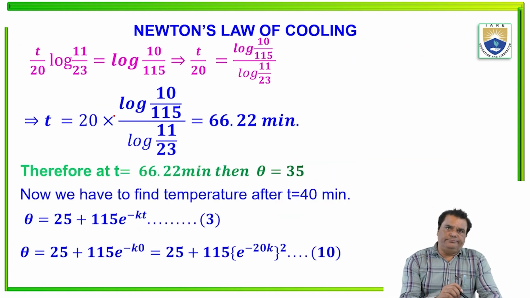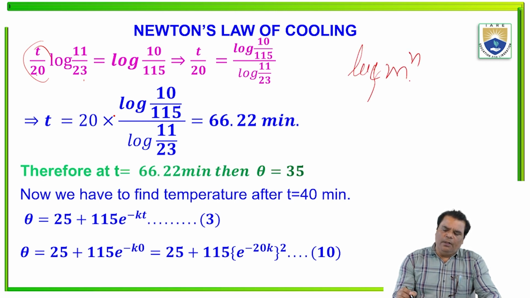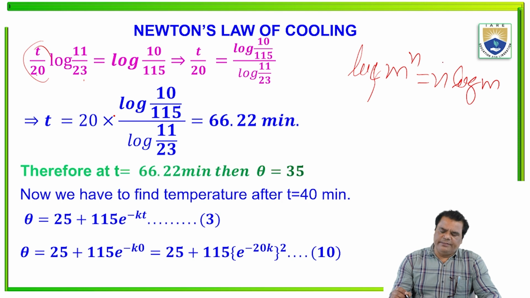So now t upon 20 equals log 11 by 23. This is the power; power comes before log. We apply this formula: log m to the power n equals n log m. We apply this formula here, since the power comes before log.